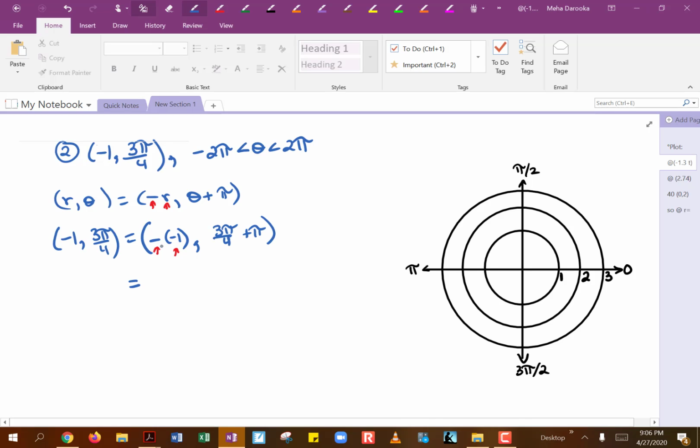So negative times negative will make this a positive 1. And then when you add 3 pi over 4 with pi, that will end up giving us 7 pi over 4. Okay, so now we can go ahead and graph this on our polar coordinate.